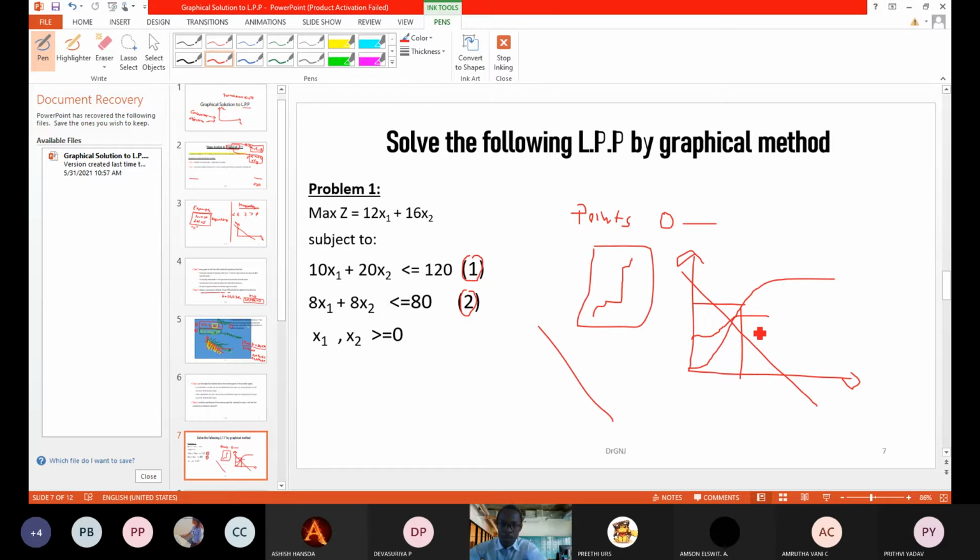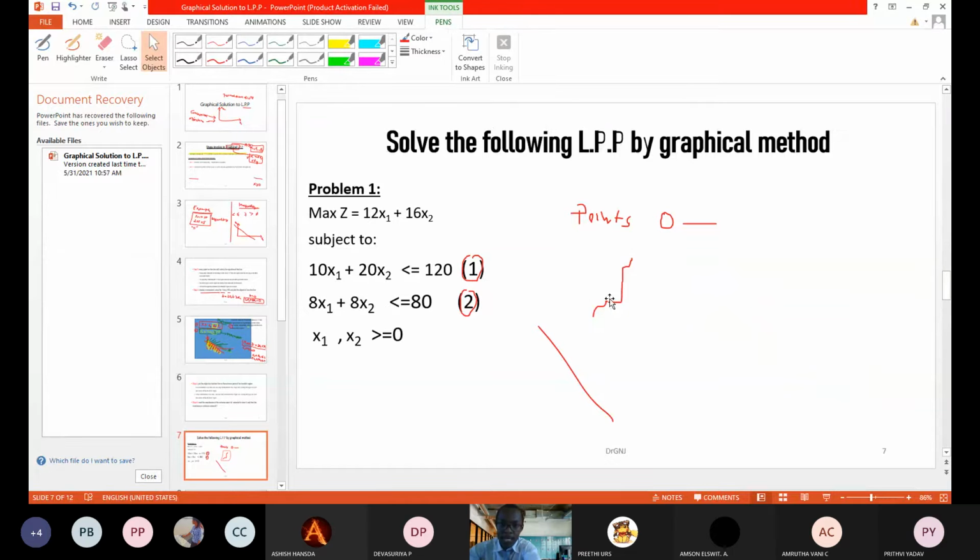I think this is what you wanted to ask. Is it correct, Ashish? Yes, sir. Such kinds we are not going to deal with. We are going to deal with straight lines. Please hold on as we solve this question and then you will understand. I hope the steps are clear. If they are not clear, don't worry, this question is going to solve it.